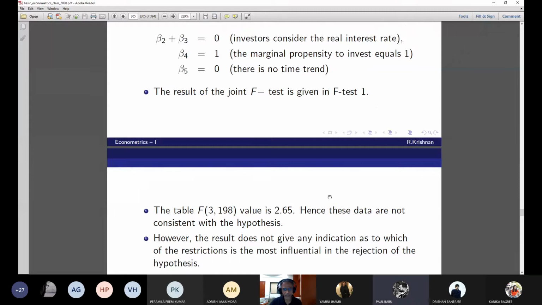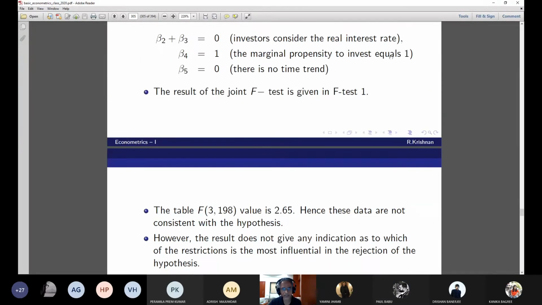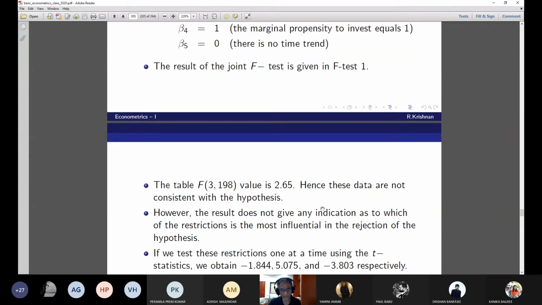The second bullet point tells you that this F test does not tell you which of these restrictions is the most influential in the rejection of the hypothesis. So individually you have to test, and individual testing is done using the T stat. We obtain minus 1.844, which cannot be rejected at the 5% level. That is, only the real interest rate is accepted.